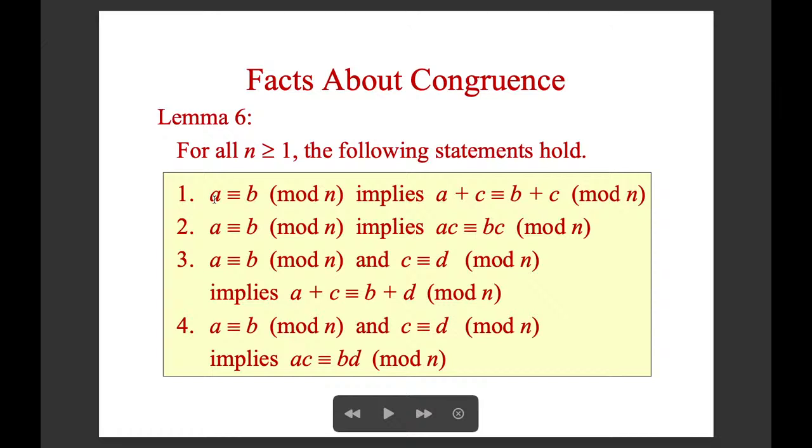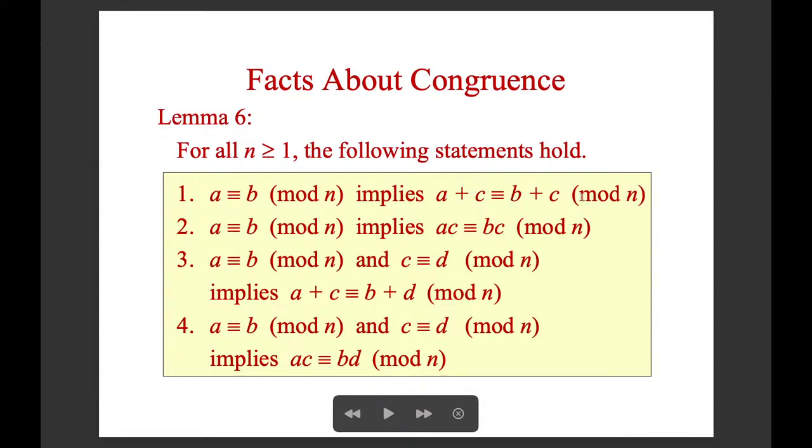suppose that we know that A is congruent to B, then it is also true that when we add both sides by the same number, let's say C, they still remain congruent. So if I add a number to A and add the same number to B, it doesn't change the congruence relationship.